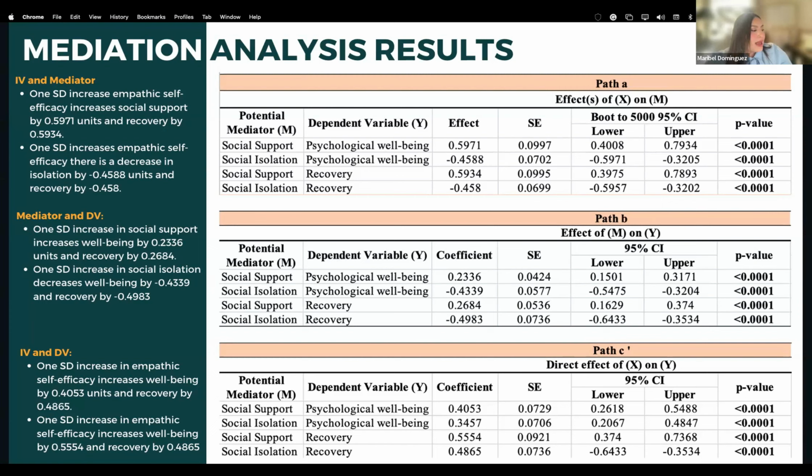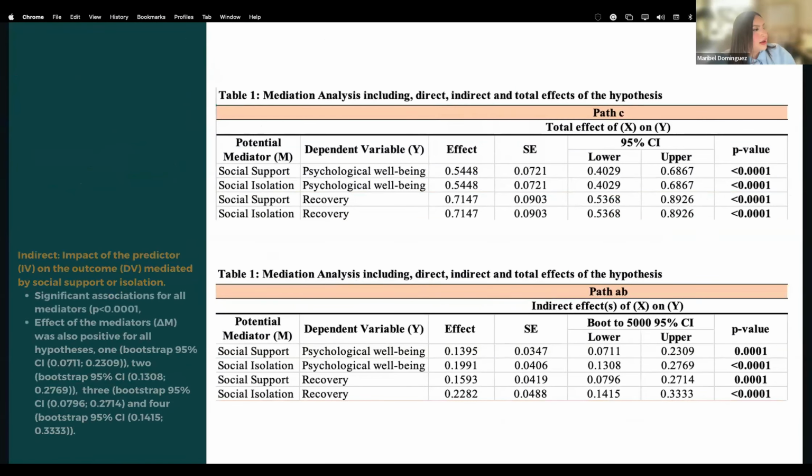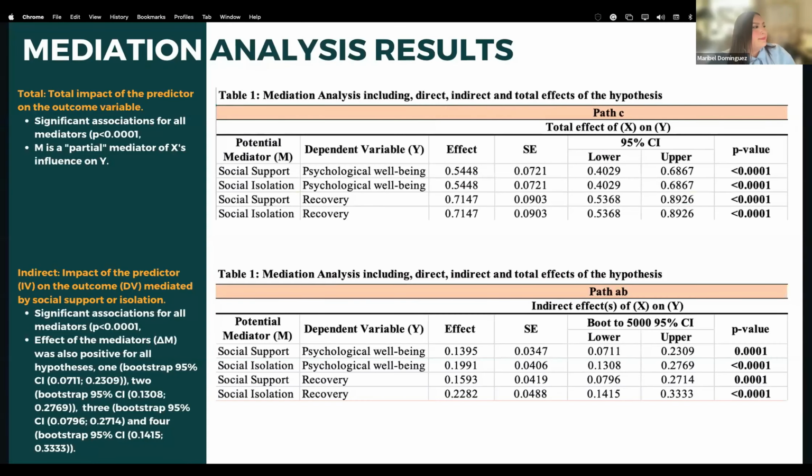And so with empathic self-efficacy, that ability to comfort others and understand others' feelings, as those rates went up, well-being and recovery also went up, which was something interesting from the analysis. And then we have, oops, my apologies. Okay.